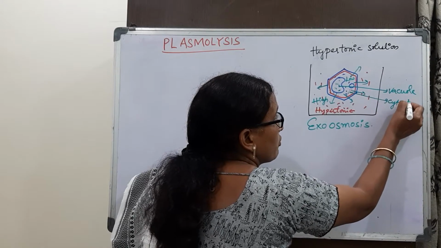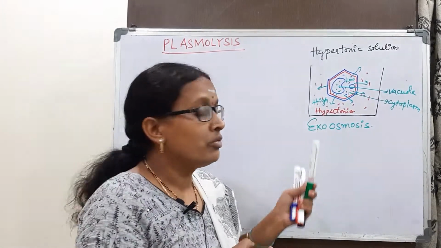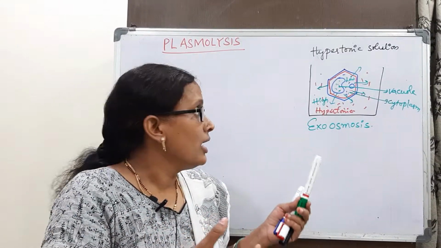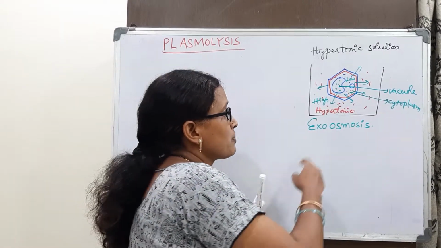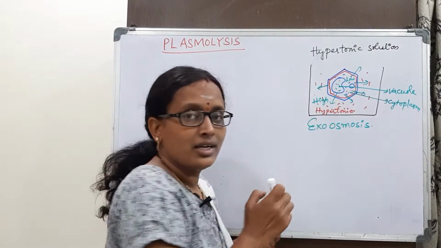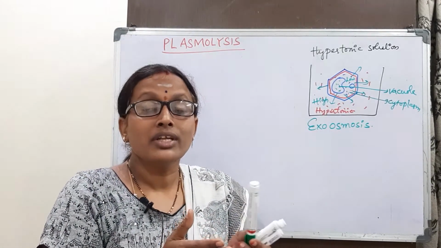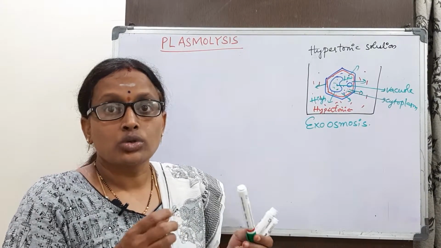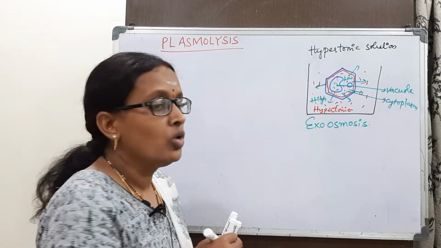When water is coming outside, ultimately a separation takes place between the plasma membrane and the cell wall. That process, shrinkage of protoplasm when the cell is placed in the hypertonic solution, is called plasmolysis.